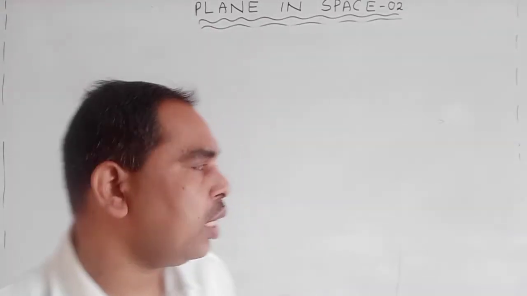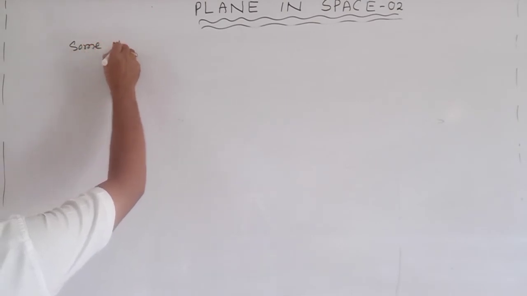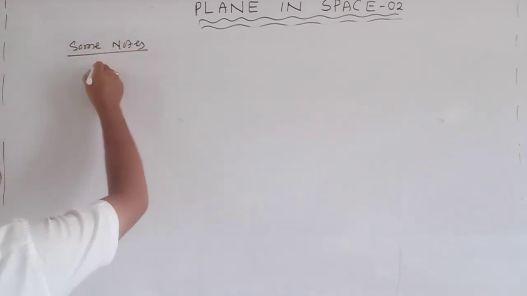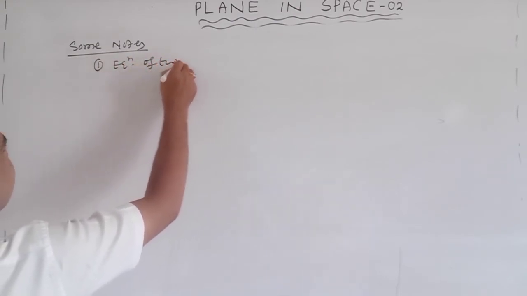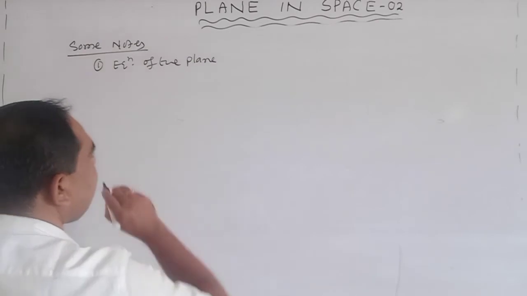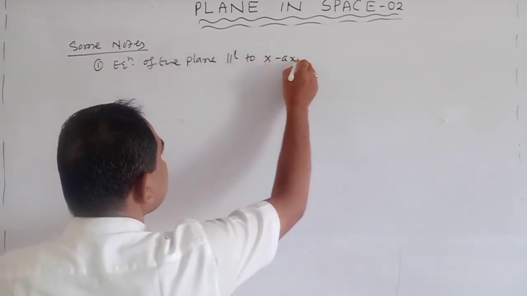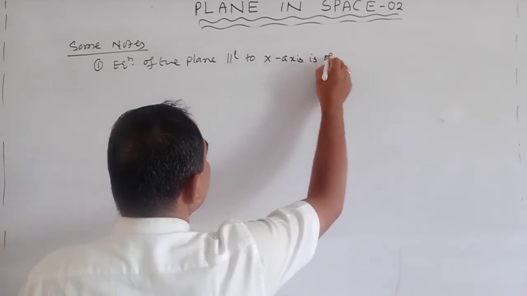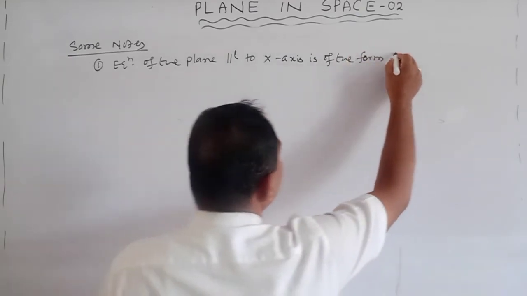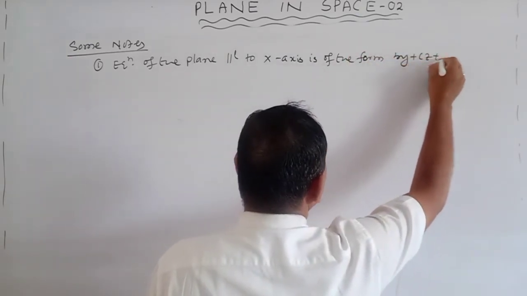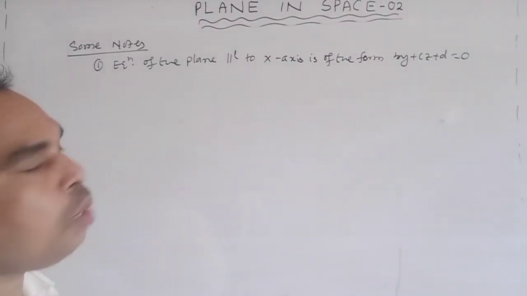Some notes. One, the equation of the plane parallel to x axis is of the form by plus cz plus d is equal to 0.